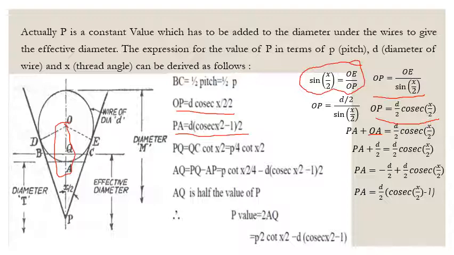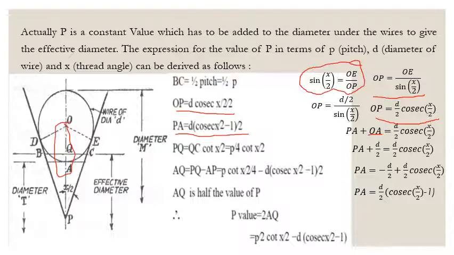Opposite is QC divided by PQ. So PQ is equal to QC divided by tan of x by 2. 1 by tan of x by 2 is cot of x by 2. So obviously PQ is equal to QC into cot of x by 2.